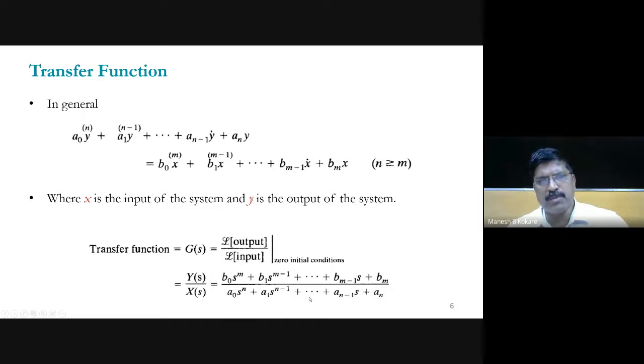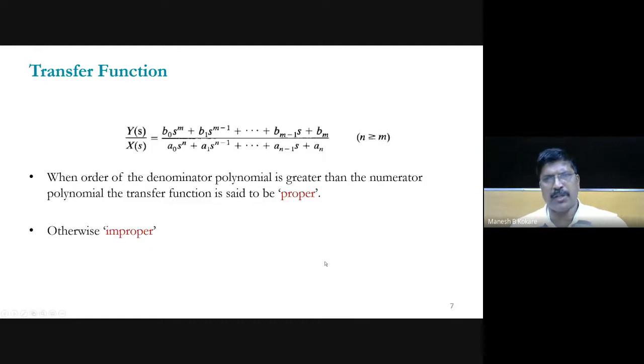So this is the transfer function of this system, and this is the denominator of the transfer function, and this is the numerator. So the general transfer function means you are taking the Laplace transform of the output variable to the Laplace transform of the input variable by assuming 0 initial conditions.